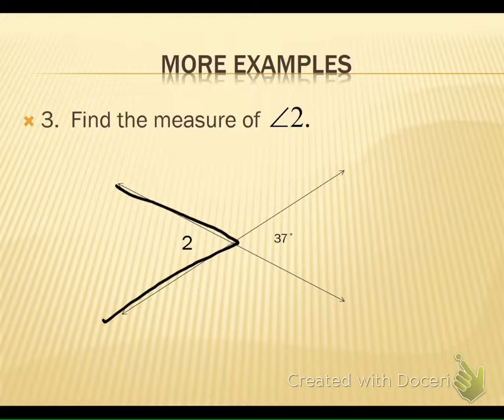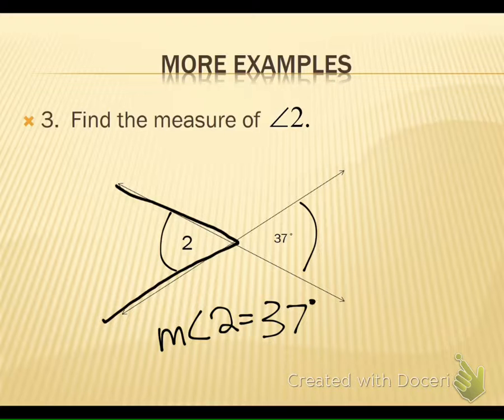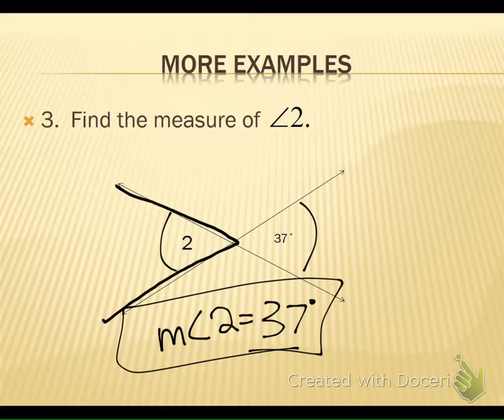Okay, so what do I know about these 2 angles? They're the same. These are vertical angles, and vertical angles are congruent. So what's the measure of angle 2? 37 degrees. Good. Don't make that harder than it needs to be.